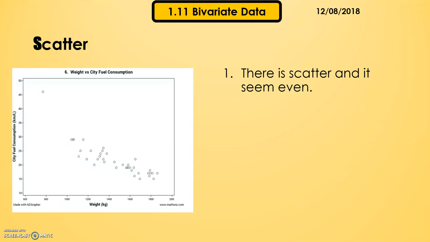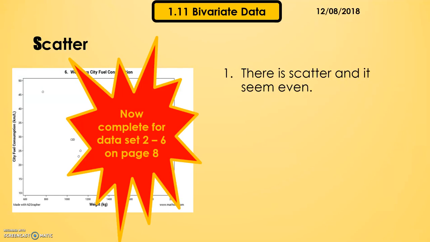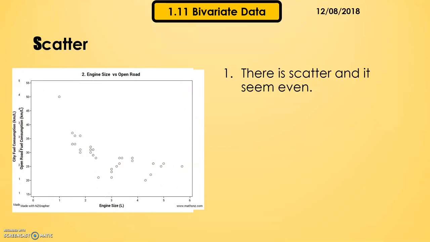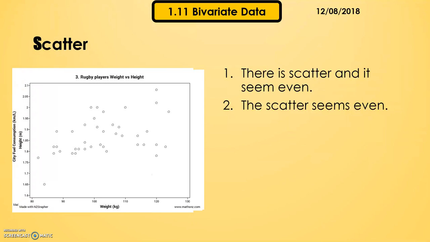So scatter, we've said that the scatter appears to be even all the way along. So if you want to stop and pause the video, do your questions on page 8 for scatter, and then we'll move on and then come back. Right, second one. The scatter seems even. Rugby players, the scatter seems uneven.